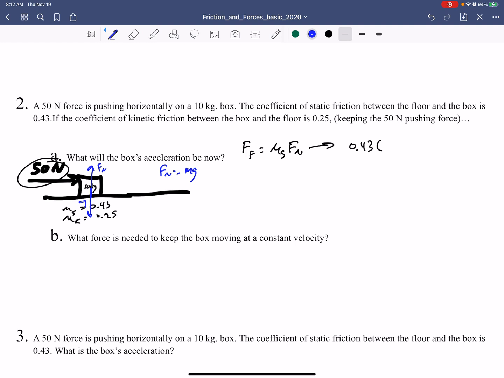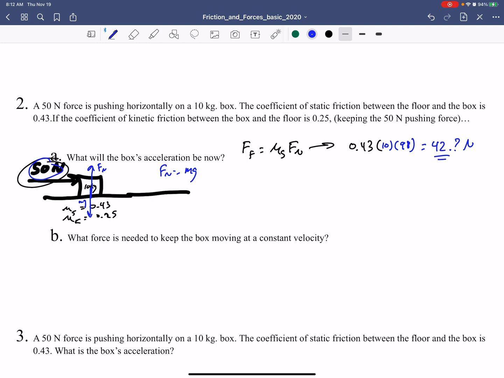So m was 10, g is 9.8, and so we're going 10 times 9.8 times 0.43, which is 42 point something. My calculator has a bad pixel on it, so it's hard to tell, but it's less than the 50 Newton force. So yeah, this thing's going to move. We've got to figure out the acceleration, because the pushing force is greater than the static frictional force.